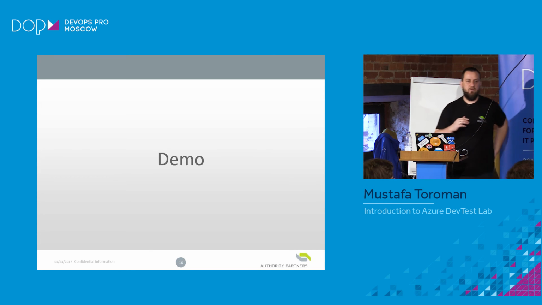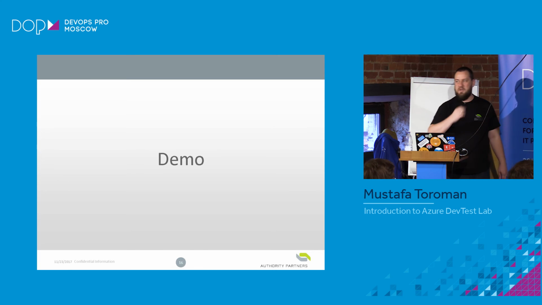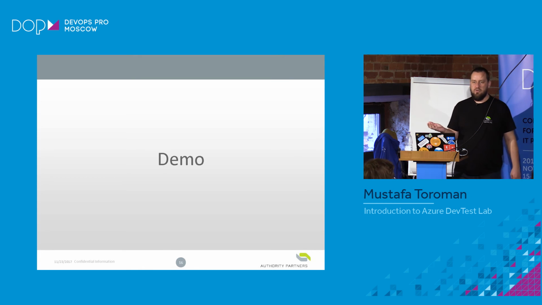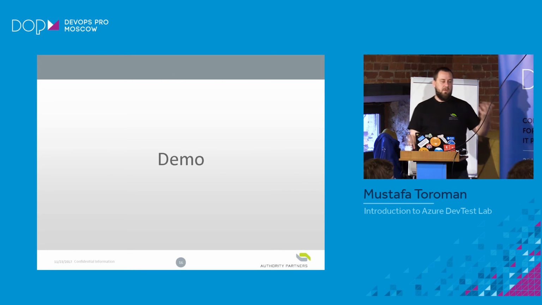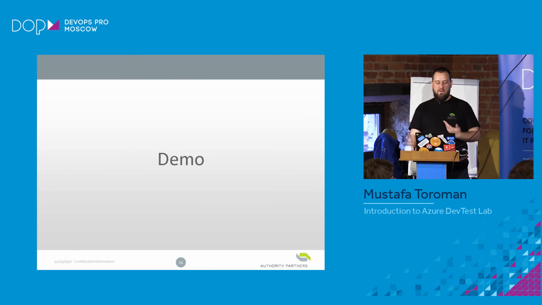I can limit them. I don't want them to create some crazy virtual machine with 20 cores and 140 gigabytes of RAM. It's going to cost a fortune, and I don't want them to create such a cost in a development or testing environment. So I can say, okay, these are the sizes of virtual machines they can actually use.